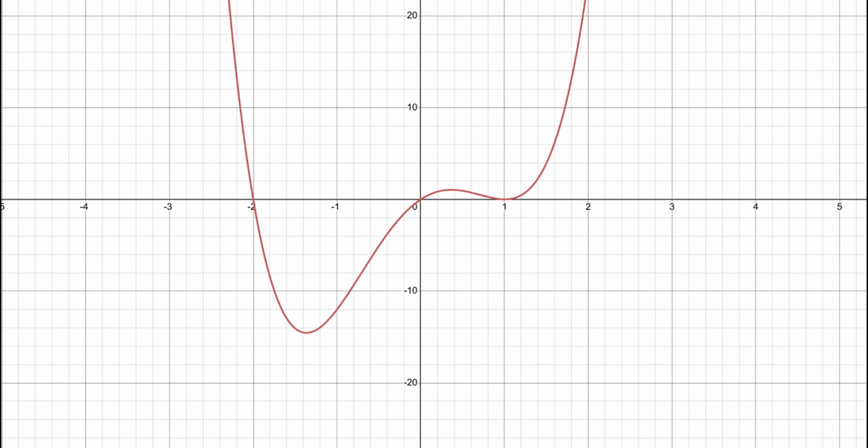If we look at the graph, we can see that this function has one turning point down here at the local min, a second turning point at this local max, and a third at this local min. So in this case, it does actually have 3 turning points.